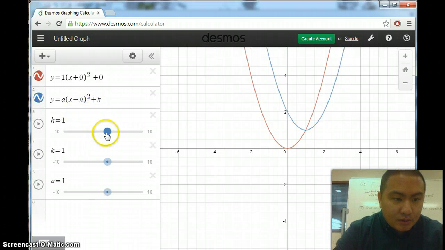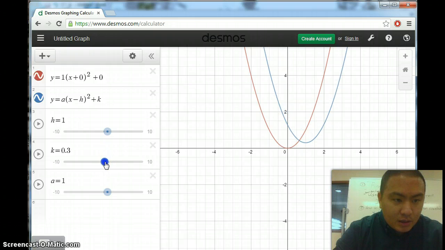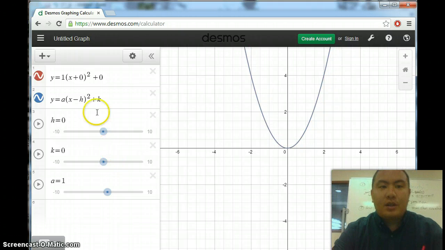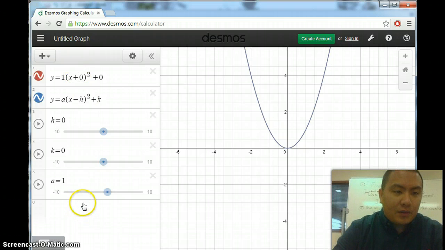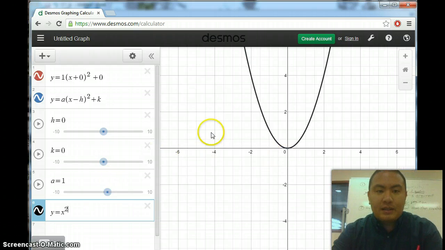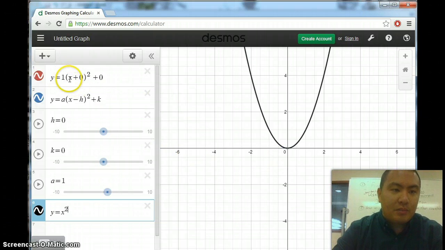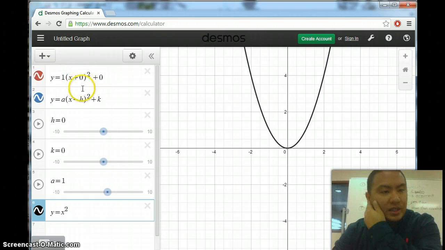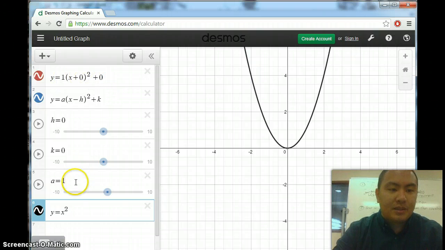I want the h to be 0, the a to be 1, and the k to be 0. Normally we start off with y equals x squared, and that's the same thing as 1(x plus 0) squared plus 0, because x plus 0 is still just x, squared times 1 is still x squared, plus 0, same thing, right?